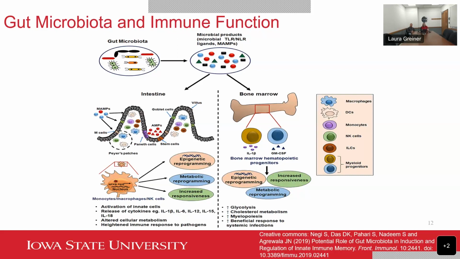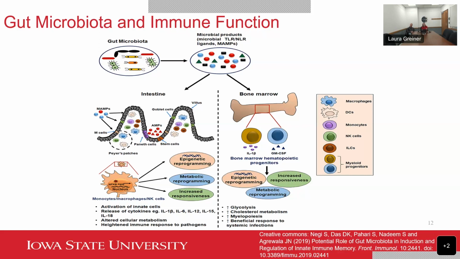But interestingly enough, those metabolites can also be passed into the bloodstream and be moved to other parts of the body. And so in this situation, the gut microbiome is producing these metabolites, and these metabolites are going into the bone in this situation, and they are triggering things like bone marrow development.